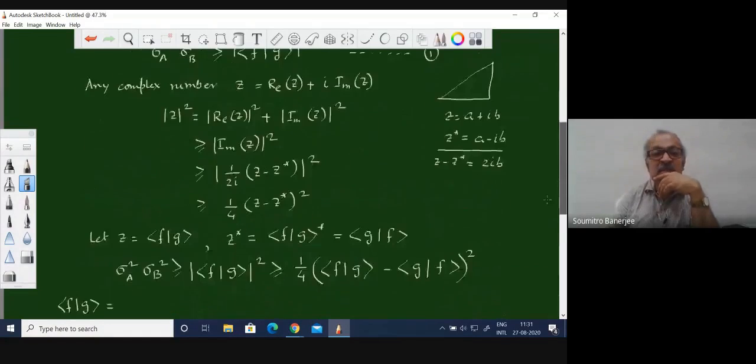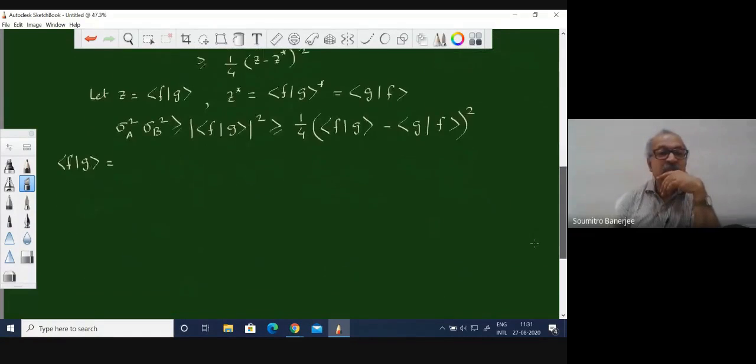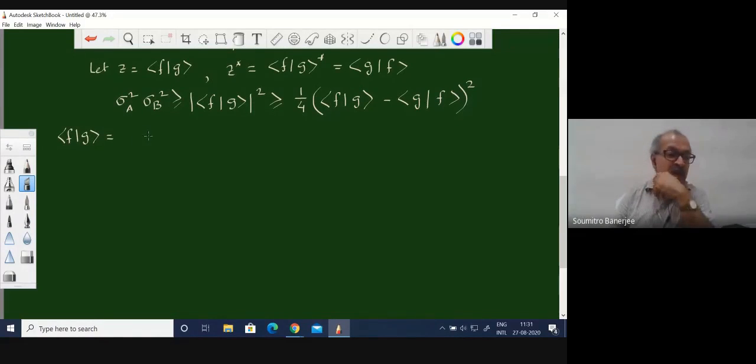So let me just write it up again. It was A operator minus the expectation value operating on psi, and this was B operator minus expectation value of B operating on psi.